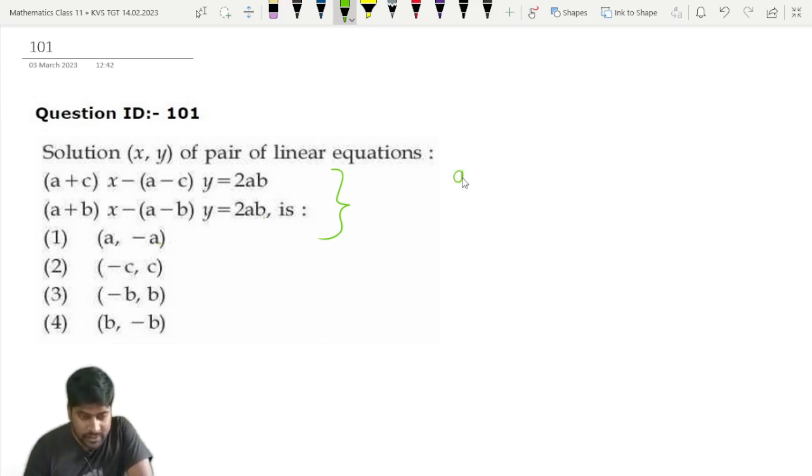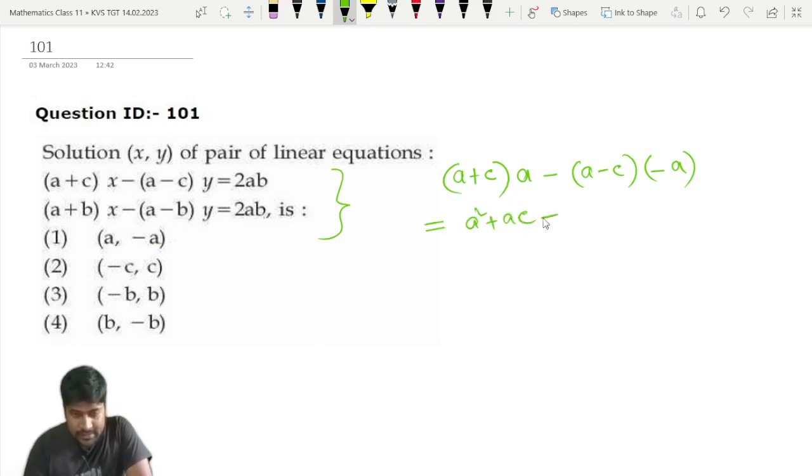So in the first equation I have put x is equal to a and y is equal to minus a. In the left hand side we are putting, and we will compare with the right hand side whether we are getting the same or not. So this will become a square plus ac, and plus a square, and minus minus plus, minus ac.